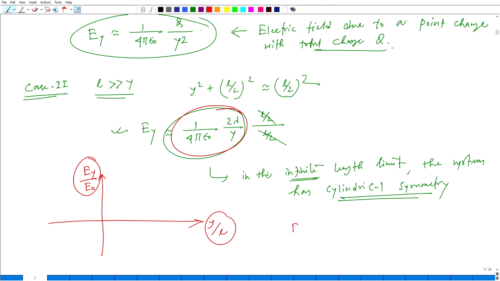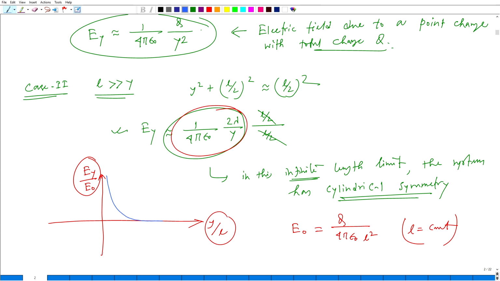E naught is just q over 4 pi epsilon naught L squared, since L is a constant, the length of the rod. We also divide the perpendicular distance by the length L, to make the variables dimensionless. So, the plot looks like this, sorry, it is not negative.